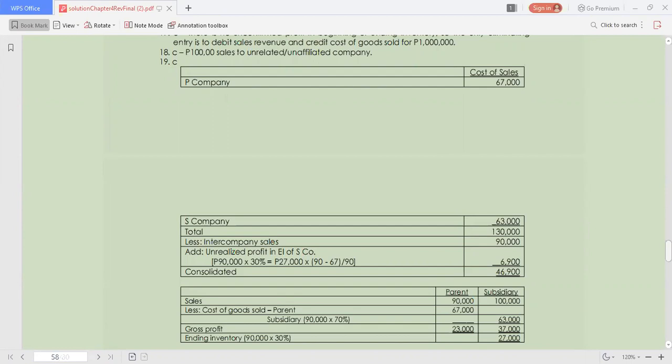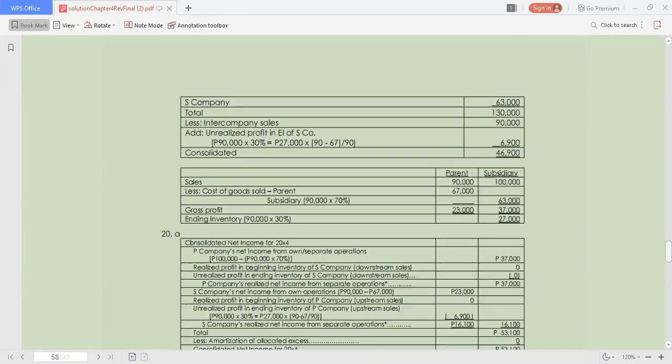What amount of consolidated net income will be assigned to the controlling interest? Now, controlling interest is that of Pilfer. So we now get the amount of controlling interest. We begin with sales of the parent and the subsidiary. So we now get 90,000. That's the sales of the parent. And we deduct the cost of goods sold to the parent of 67,000.